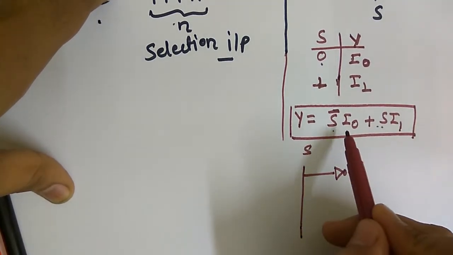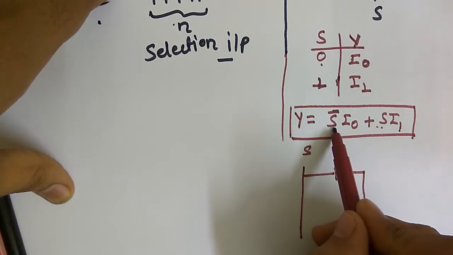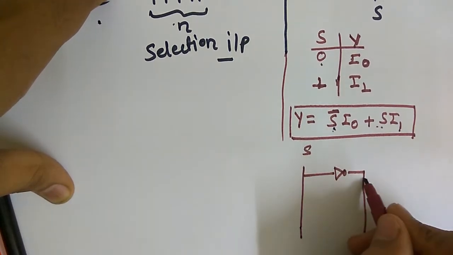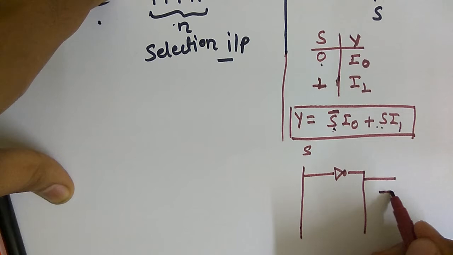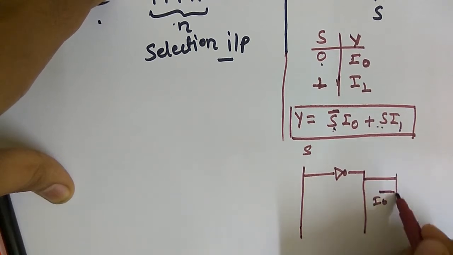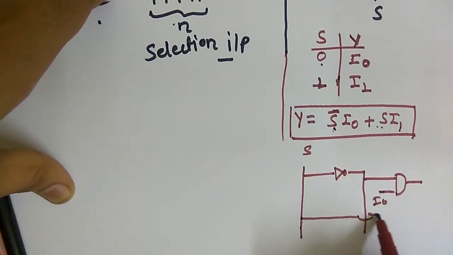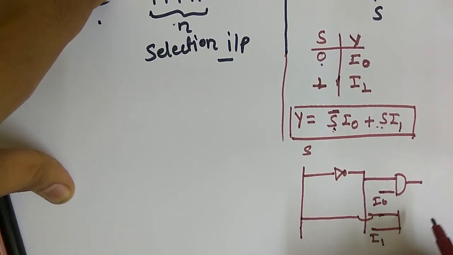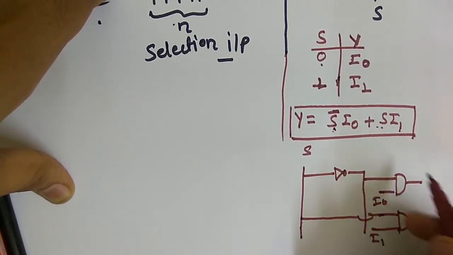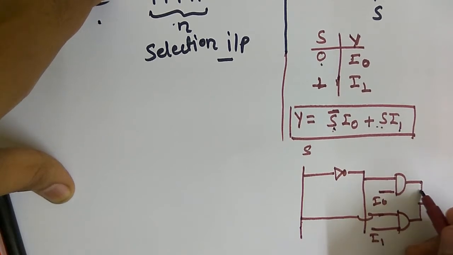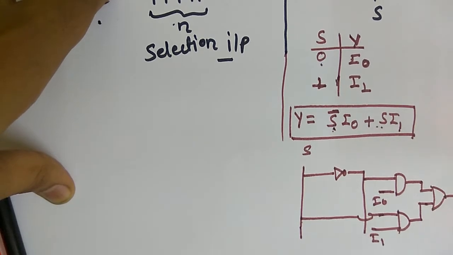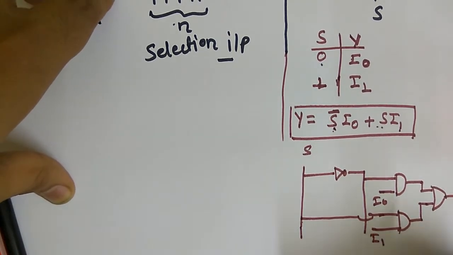First is S bar into I0, so this is input I0, and the second one is S into I1, so this is I1. Then these are added, so we can use an OR gate.